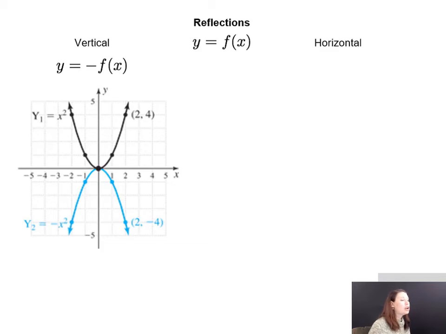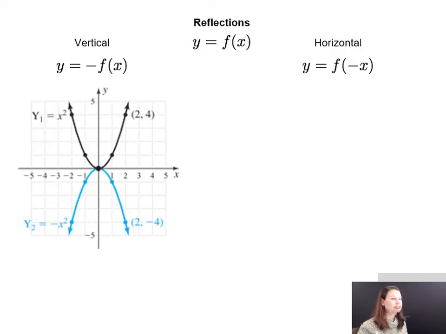Now, a horizontal reflection. We kind of think we already know what it looks like, but let's talk about the function first. This one, notice the negative is in a different place. Before, with a vertical reflection, it was in the y, because it's outside of f of x.